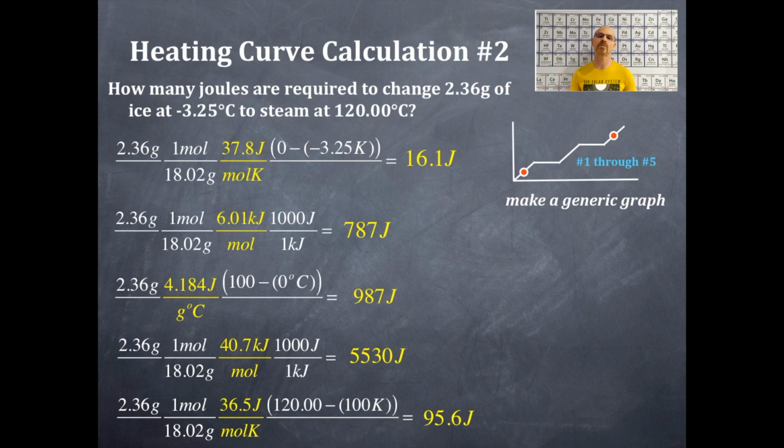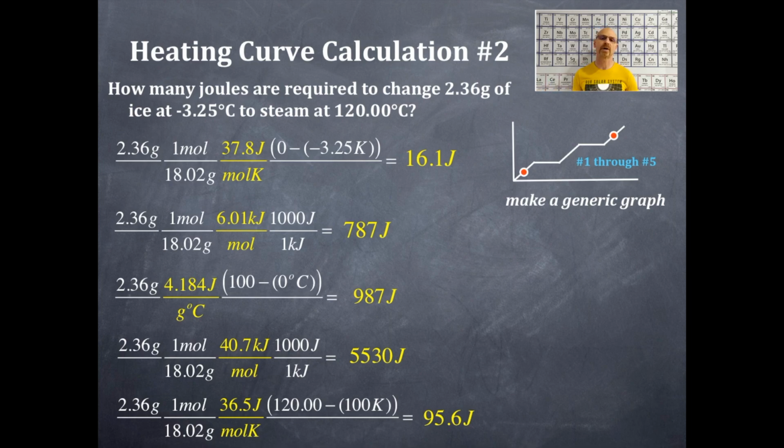Now, our last thing that we're going to do is get the total amount of energy required to take 2.36 grams from negative 3.25 degrees Celsius all the way to steam at 120. So what we're going to do is add up all these yellow figures here, paying particular attention: when we are adding, we use the least number of decimal places. So we will not have a number in the ones column.